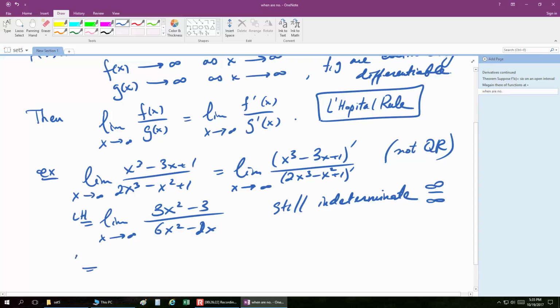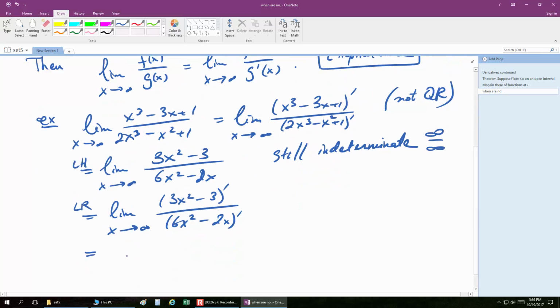And once again I differentiate the numerator and denominator. I might have to do it one more time.